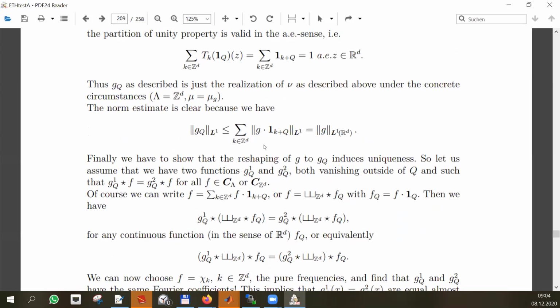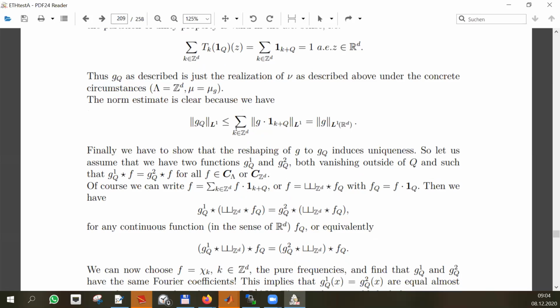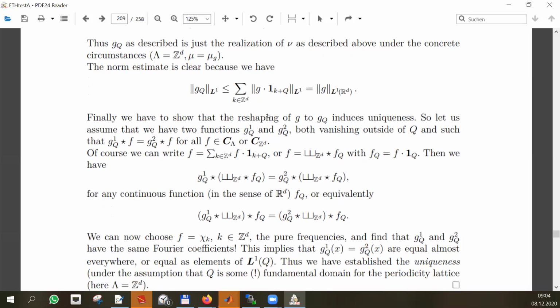And clearly, this is the controlling term for our localized function. There might be cancellation, there may be positive and negative values, but this is fine. And so now there is a question of, to which extent is this unique? And the answer is, fortunately, now it has become unique.